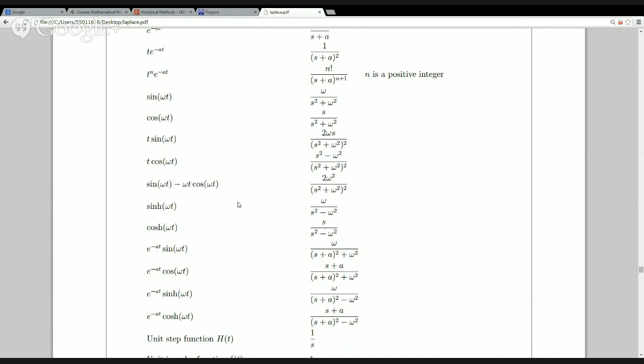But this is because when you look at this quadratic, this is an irreducible quadratic, isn't it? Because if you look at the discriminant of this quadratic, b squared minus 4ac, it's 36 minus 4 times 13, which is certainly negative. So there are no real solutions. So the denominator is irreducible.